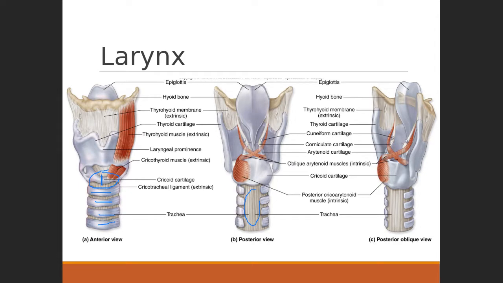The last of the unpaired is the epiglottis. It's a broad, flat, you'll often hear it referred to as almost spoon shape. Remember, as you swallow, we need to find some way to seal off that trachea and prevent food from entering the respiratory tract. That's the job of the epiglottis.